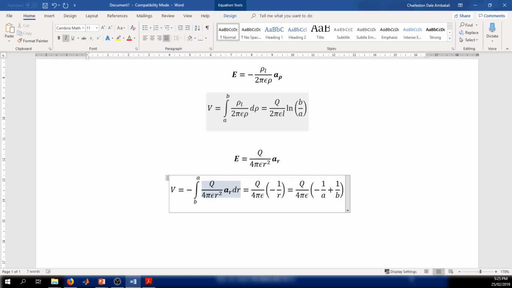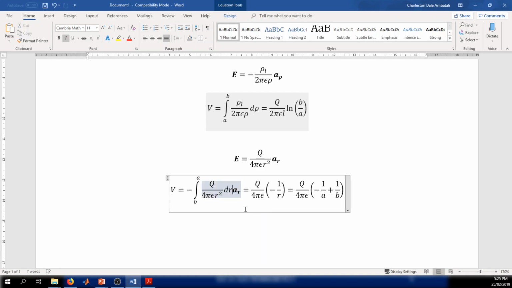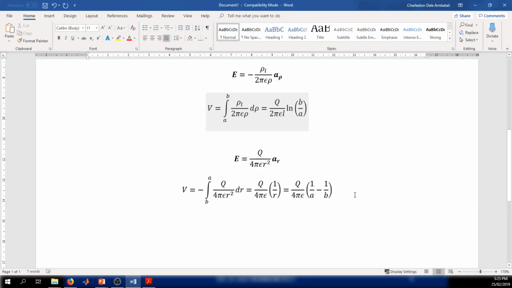The direction is also your r hat. All right, yeah. So if we get the dot product here, this will just become 1. Okay, so the negative will be retained. So this will become positive, and this is 1 over A minus 1 over B. Okay, so that's the voltage there.